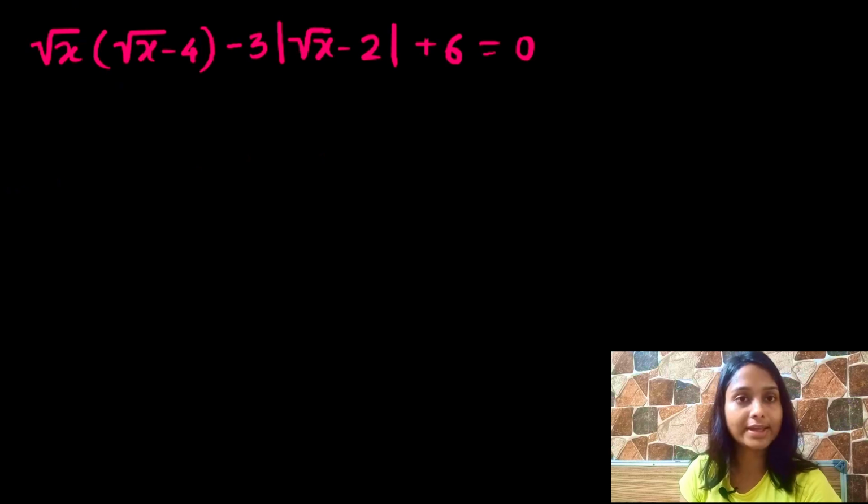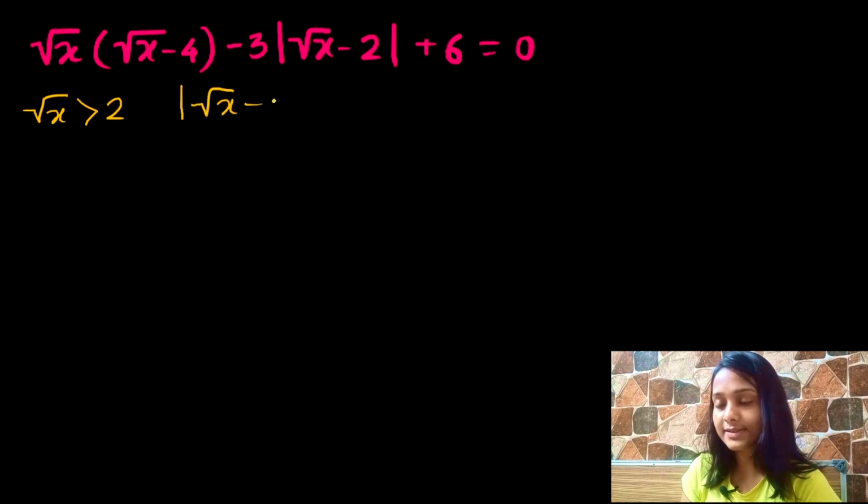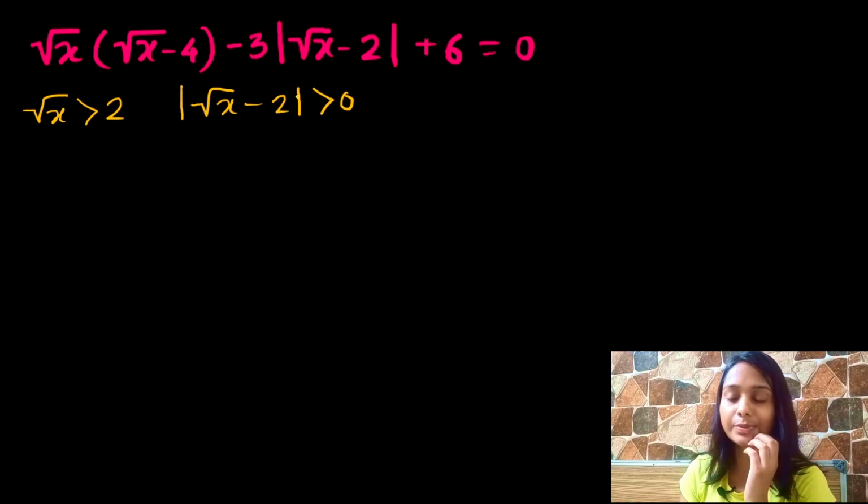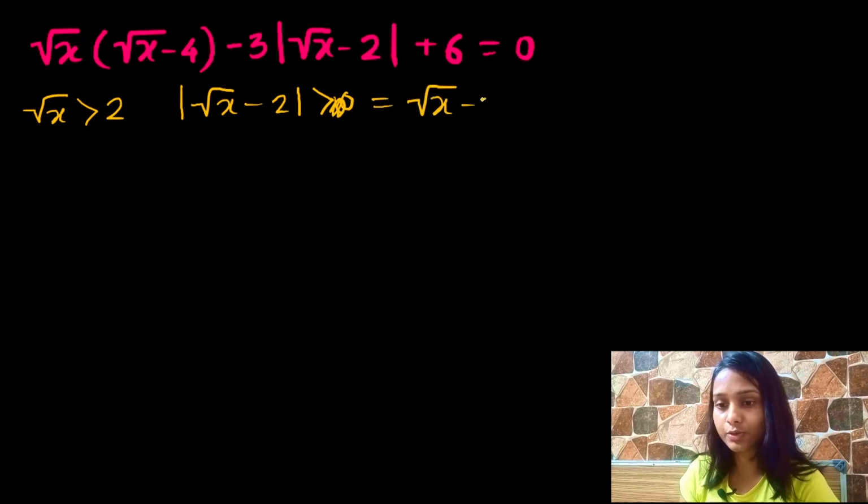So we will have two cases for this mod. When root x is greater than 2, it will give mod of root x minus 2 as root x minus 2, as this is always positive.